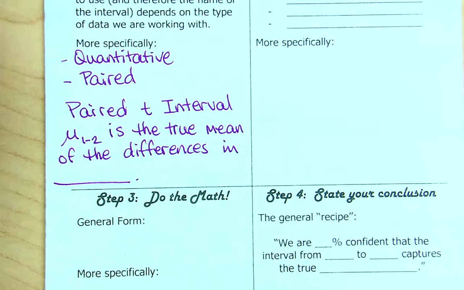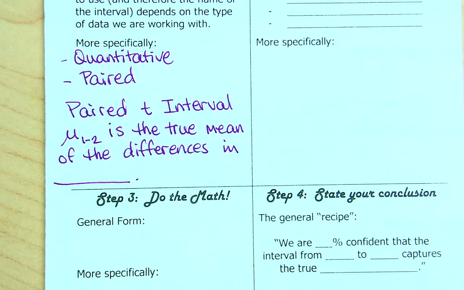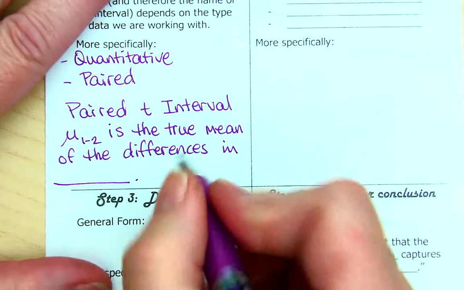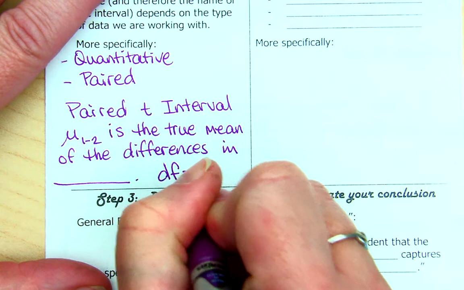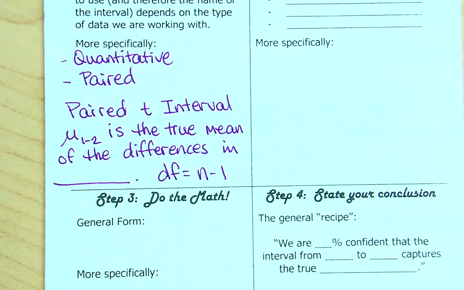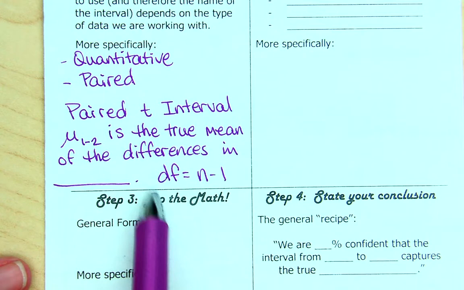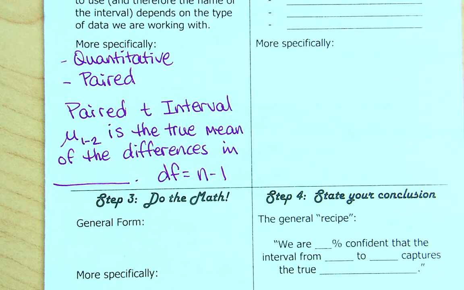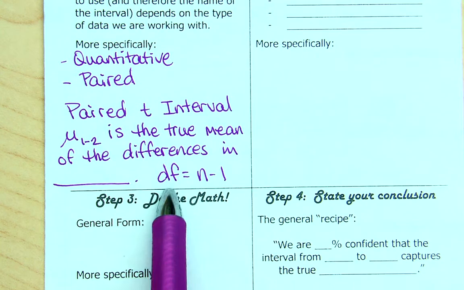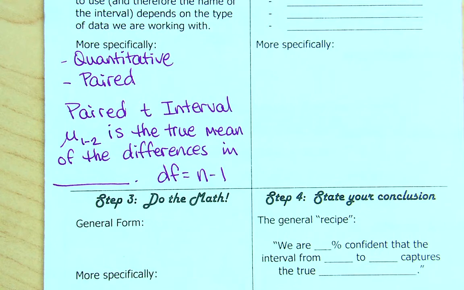So in movie prices between these two movie theaters, or whatever it is that we're looking at. And our degrees of freedom is n minus 1. So it's the number in each sample, which should be the same because they're pairing them up, or how many differences you had. When you pair them up and find the difference for each pair, you're looking at how many differences minus 1. And you'll see that as we get into it.